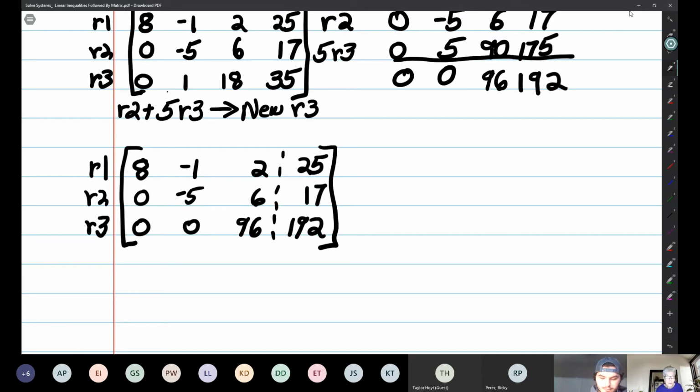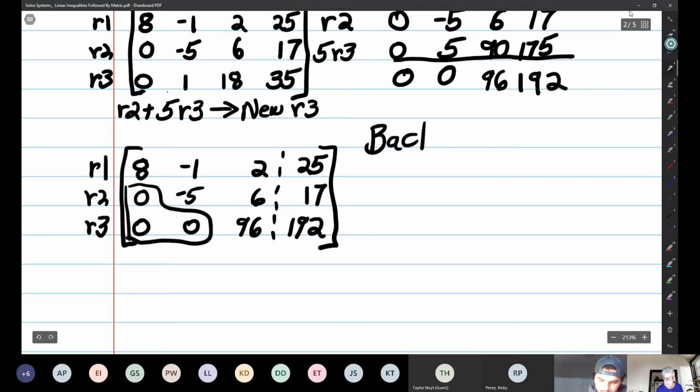Once you have your 3 zeros down there, you start doing something called back solving. And here's how you do it.